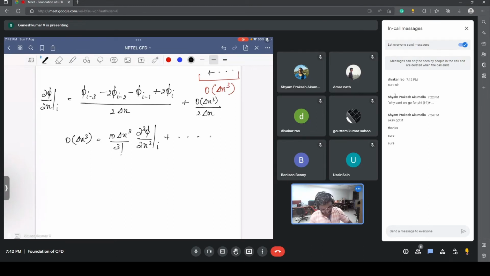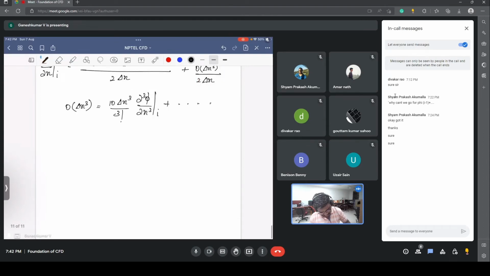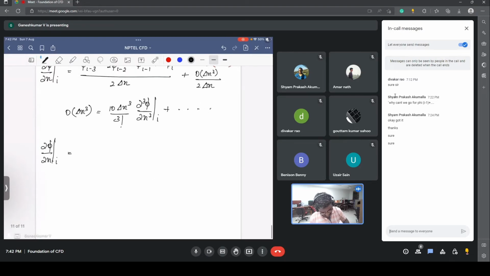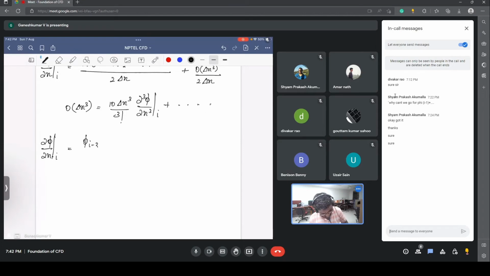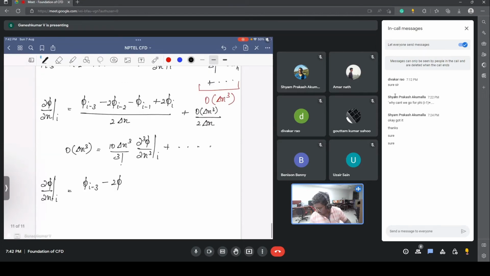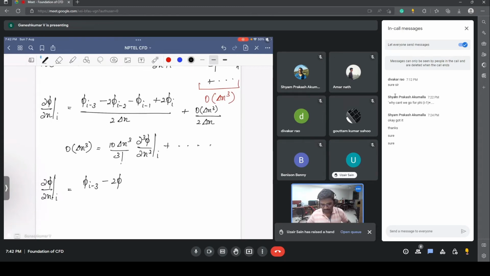It's going to be the order of, so let me write it down here again. Dou phi by dou x at I is equal to phi, 2 times phi, I divided by, plus order of, divided by delta x would be delta x square.